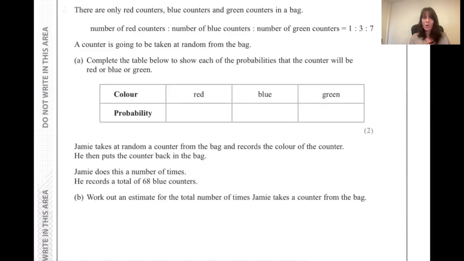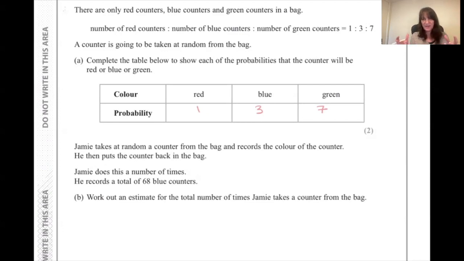Okay, so we're being told that red to blue to green is in this ratio. I can't put those numbers straight in for the probabilities, because probability has a maximum value of 1. The scale is from 0, impossible, to 1, certain.